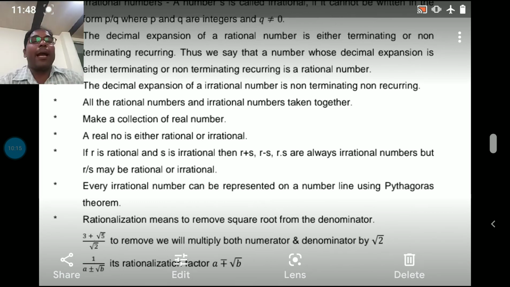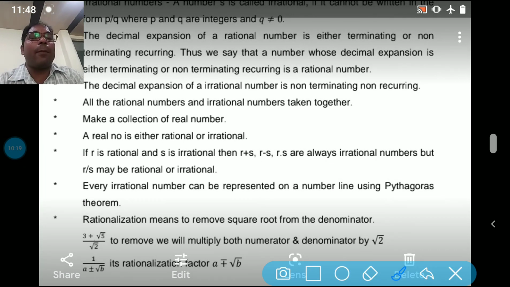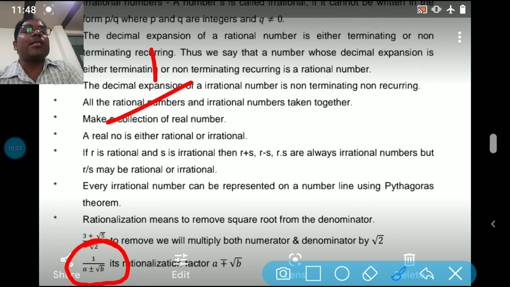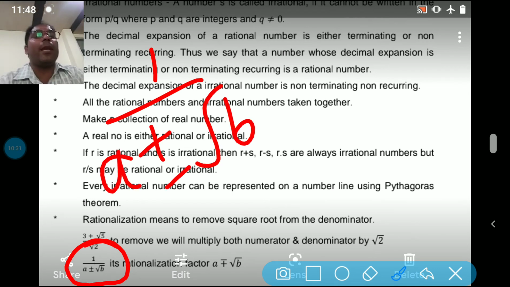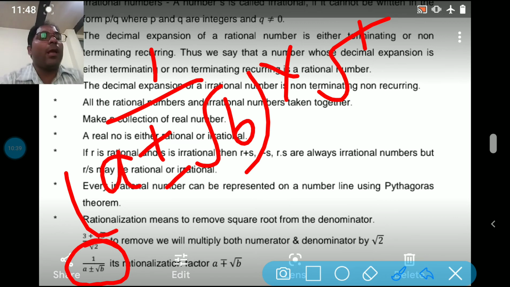Okay. And now here the first number is given as 1 upon a plus minus root b. Its rationalization factor is given as a minus plus root b. When we rationalize this type of number, what will we multiply? We will multiply in numerator and denominator by which number?